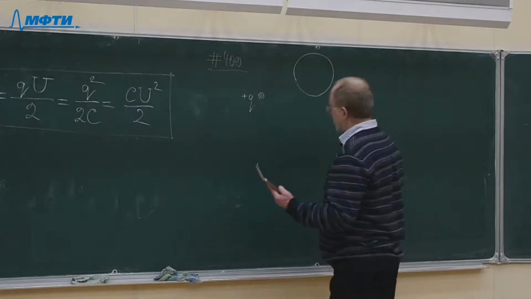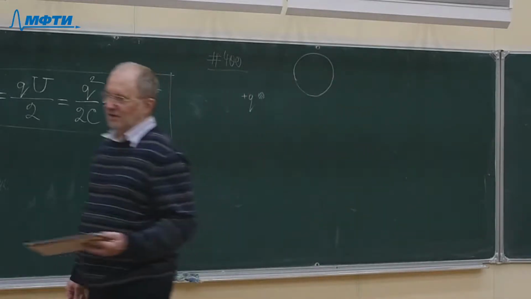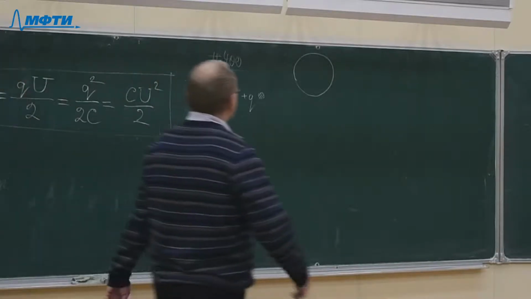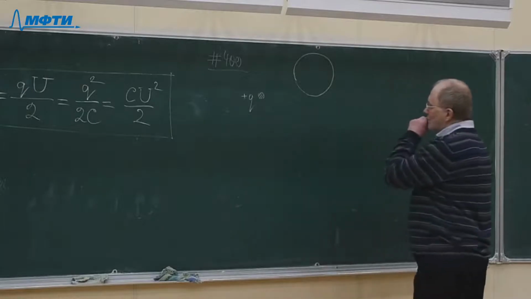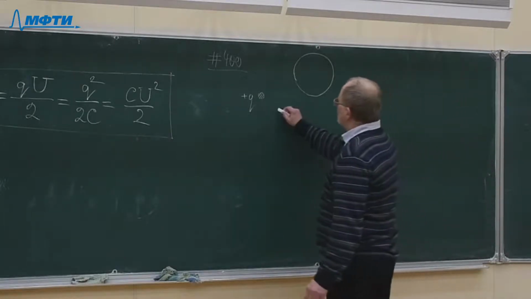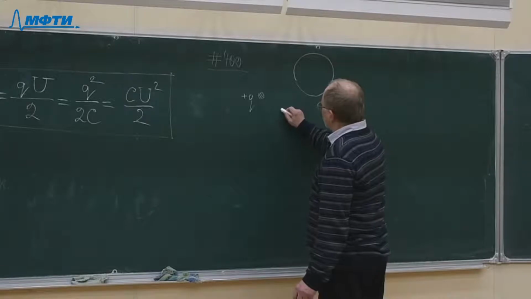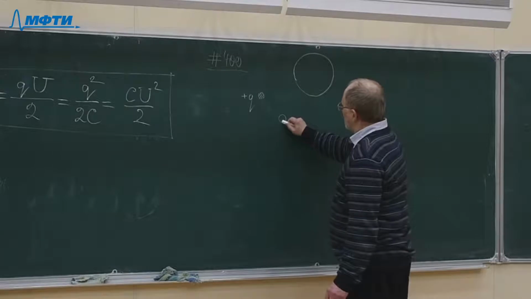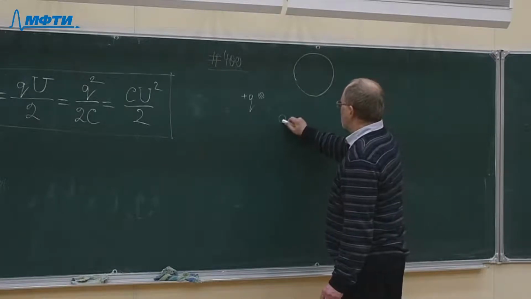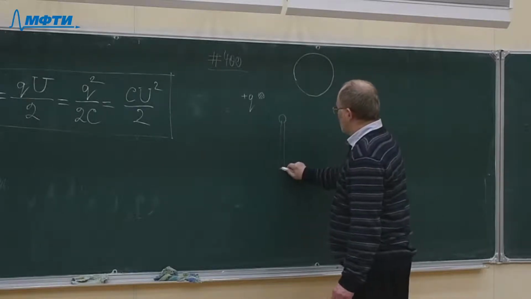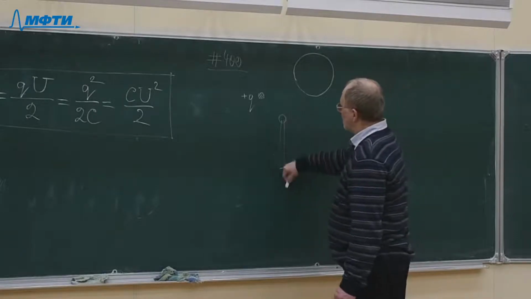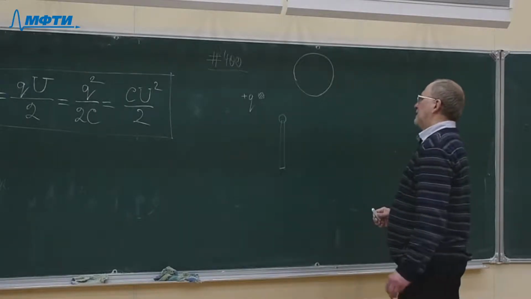The answer is yes. And the procedure is as follows. First, we must take another ball, which is fastened to the end of a rod, and this rod may be used as a handle, and this rod is made of dielectric or insulator, so that charges will never go away from this ball.